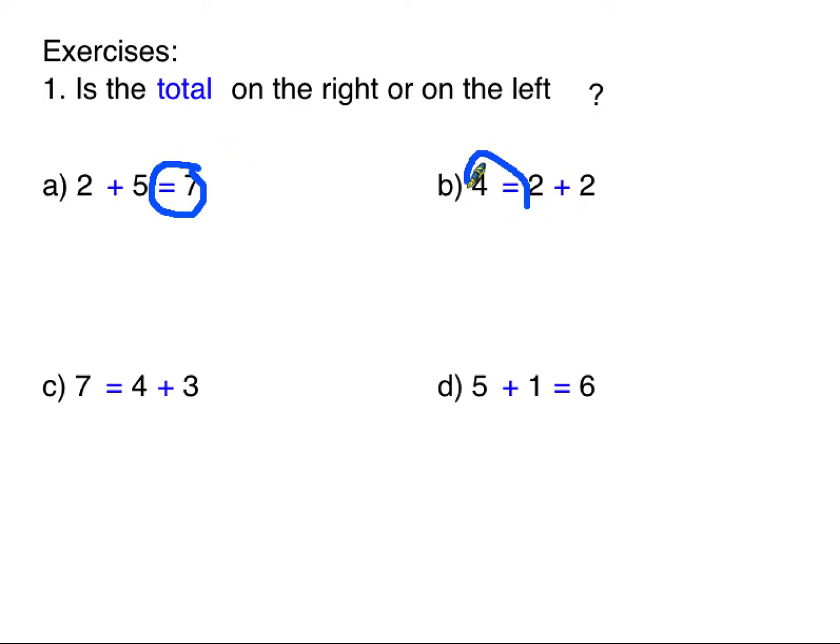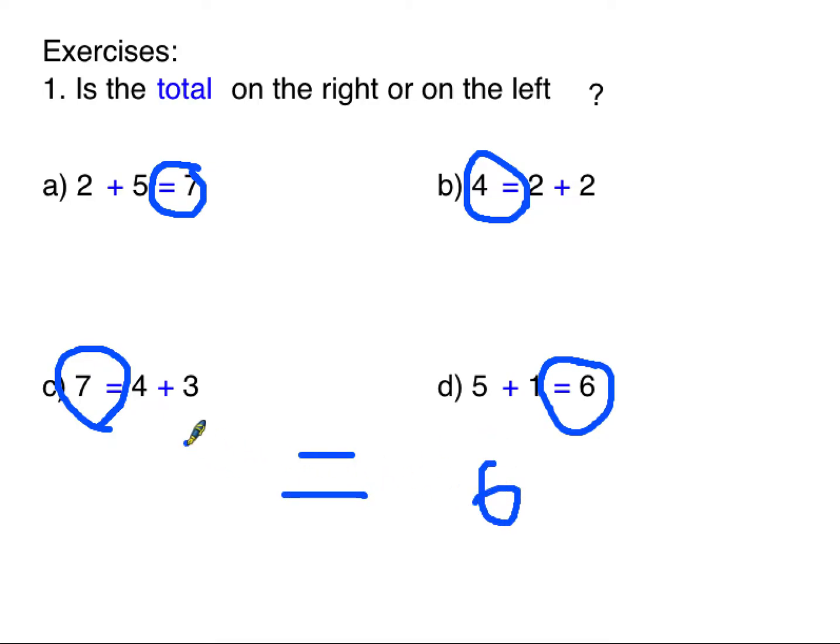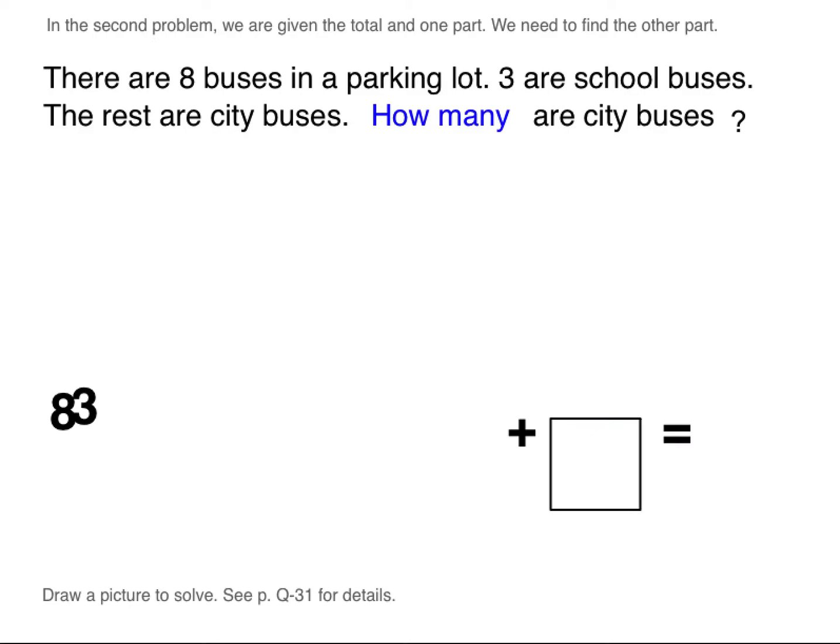Total here is first. 2 plus 5 equals 7. 4 equals 2 plus 2. Or 2 plus 2 equals 4. Here, they put the total first. And here they put the total last. Doesn't matter, because equals just means what's on one side has to be the same as what's on the other side. So they can put it wherever they want to.